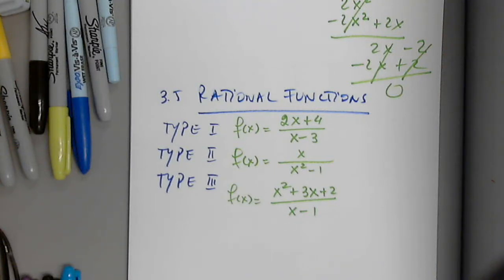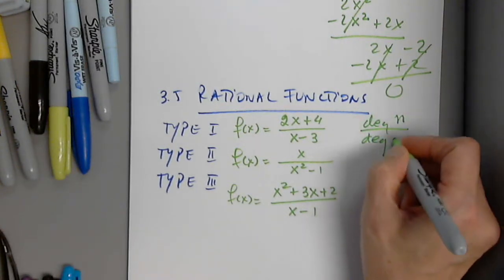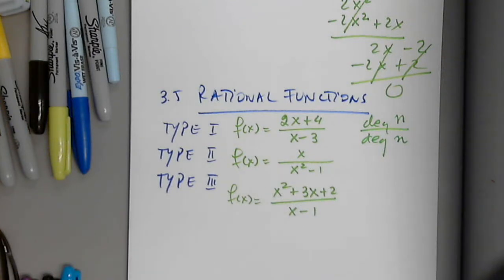What if we have degree 2 over degree 2? It's still type 1. What if we have degree 3 over degree 3? It's still type 1. So what is type 1, basically? Same degree over same degree. This is type 1. So at the top, degree n, and the bottom, degree n. That's type 1.